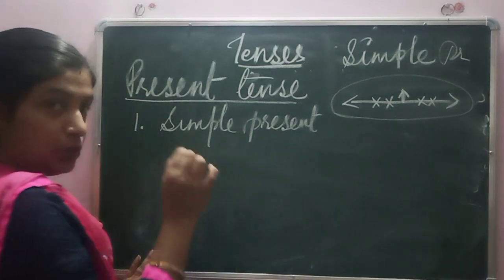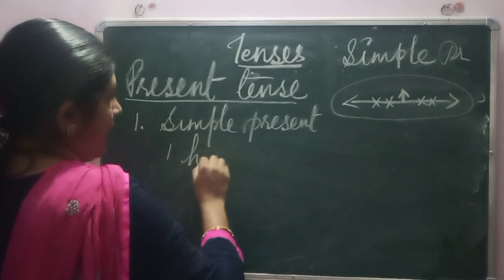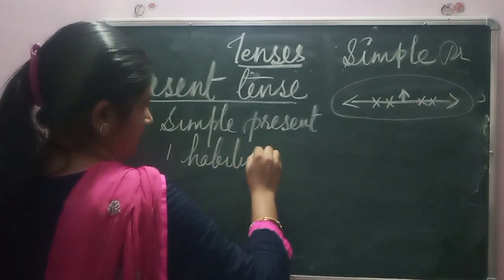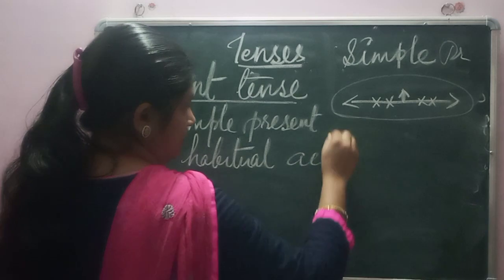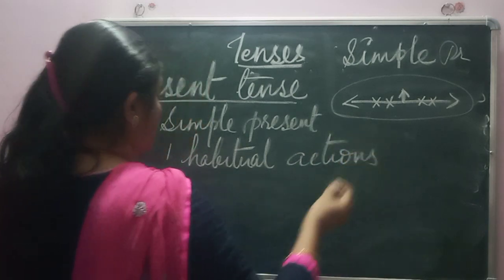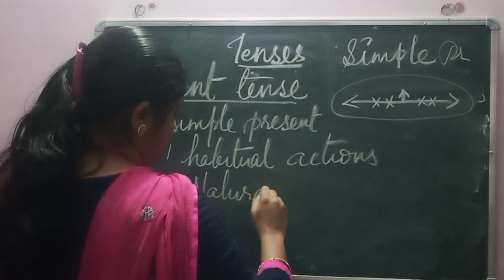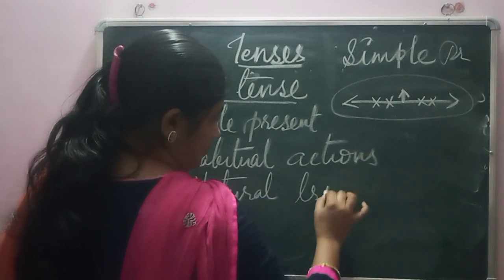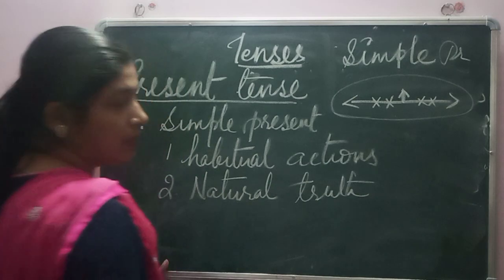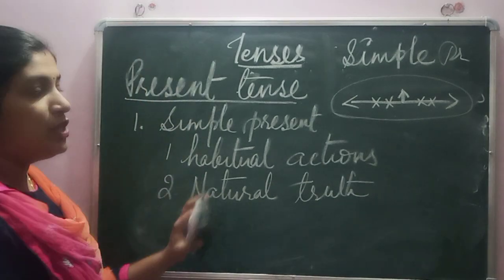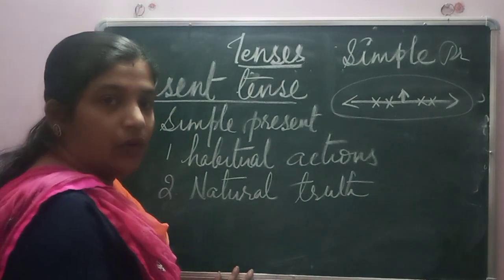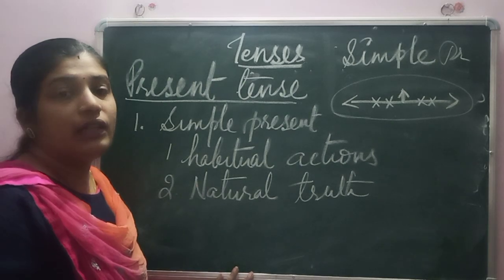Mainly you have to learn two. One, habitual actions. And the second one, natural truth. Clear? Listen here, habitual actions: habit means what? When you do something regularly, that is the habit.